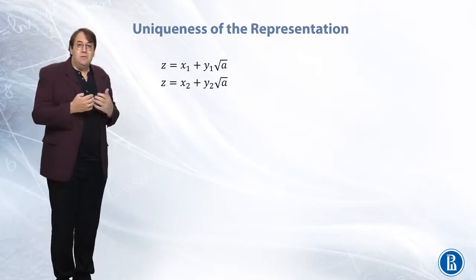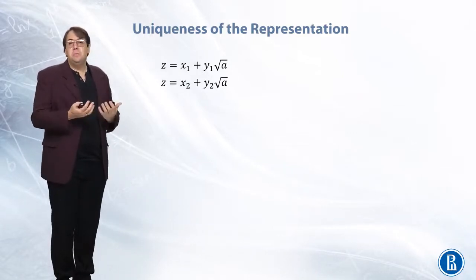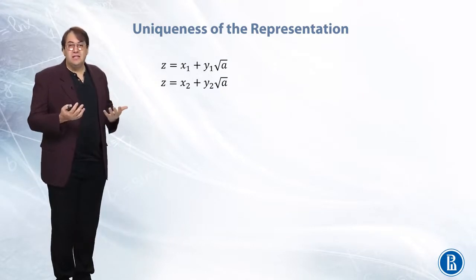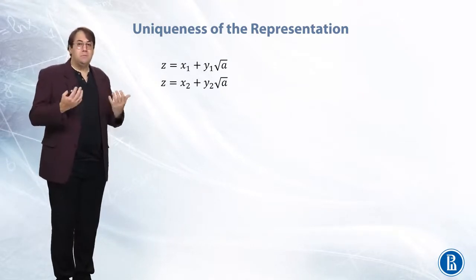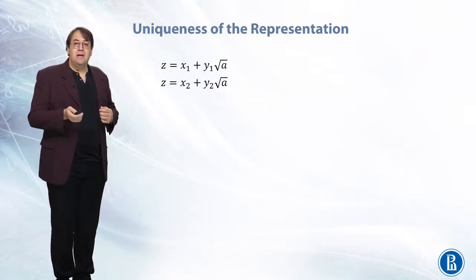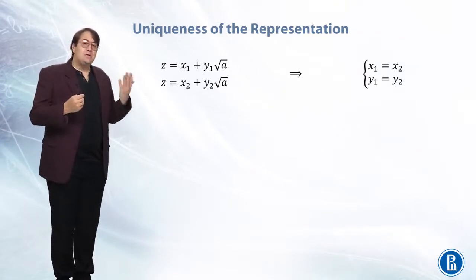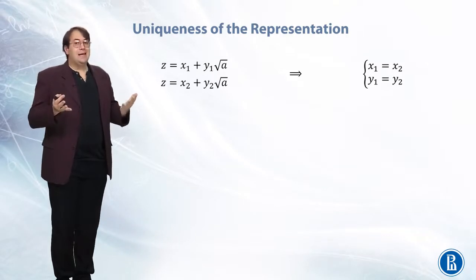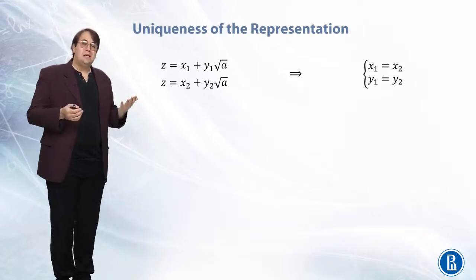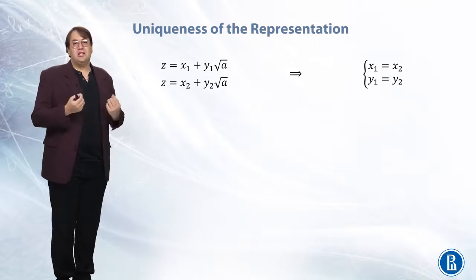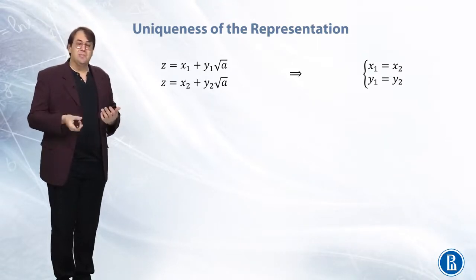So by this we assume that there are two different representations of the same real number z. We will prove that in this case x1 is equal to x2 and y1 is equal to y2, so it is actually the same representation.